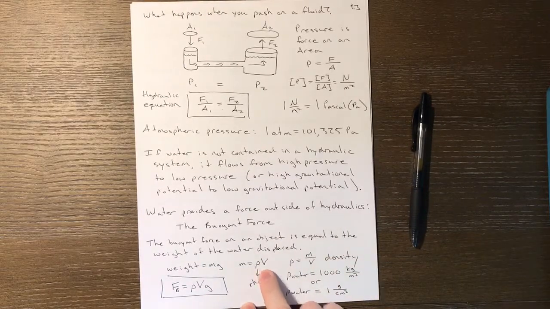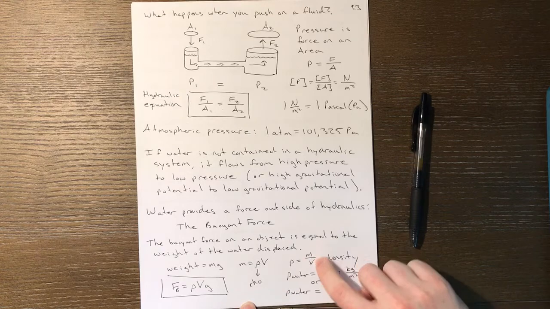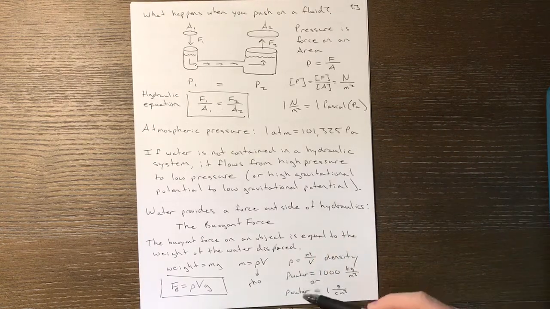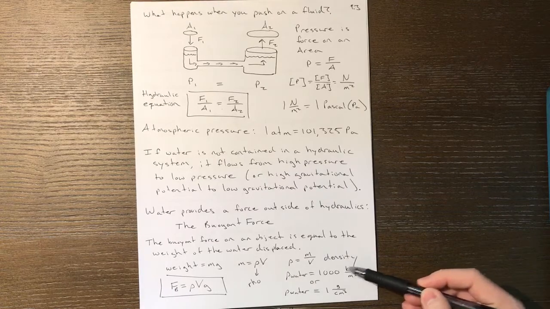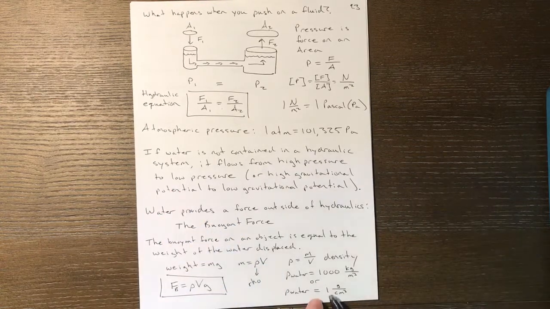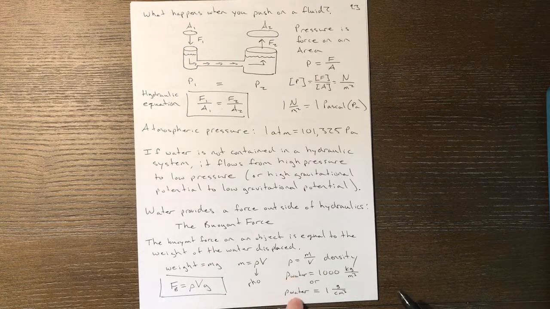But rho is density, and density is defined as mass divided by volume. So for water, that's about 1,000 kilograms per cubic meter, or on a smaller scale, 1 gram per cubic centimeter. Both of these are the defined densities of water.